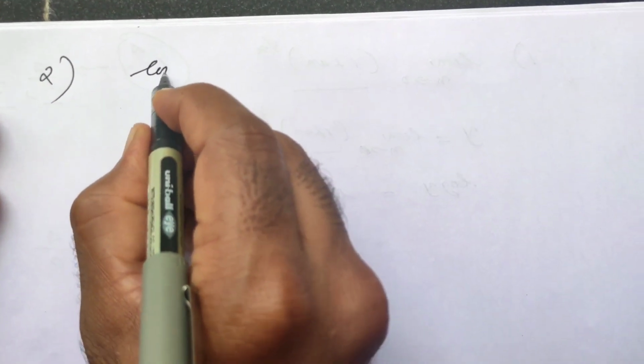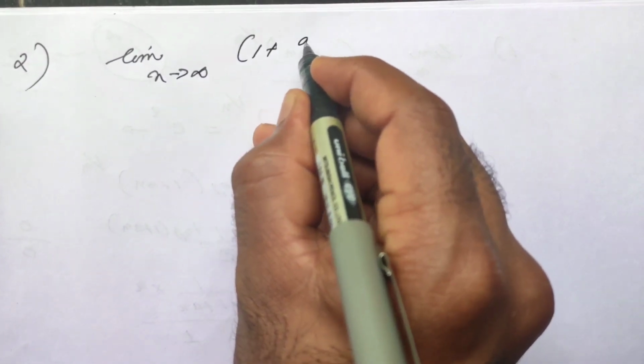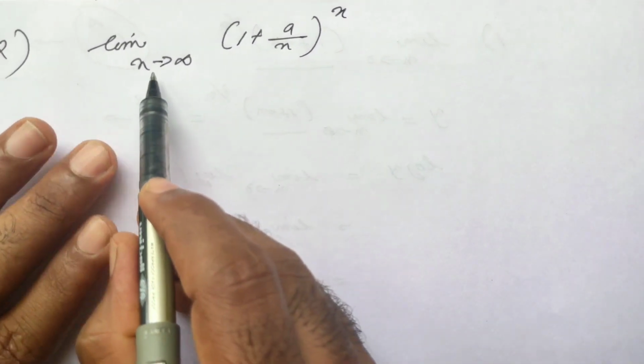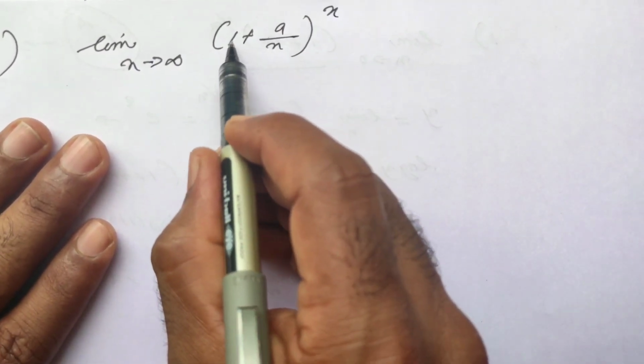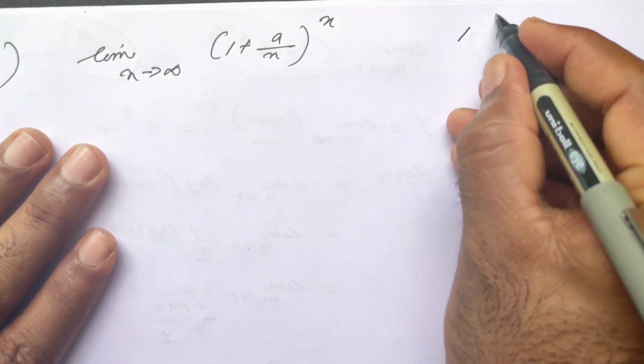Let's take another example. Limit x tends to infinity, (1 plus a by x) raised to x. Here when we are applying the limiting value, it will become (1 plus a by infinity) raised to infinity, that is 1 raised to infinity form.